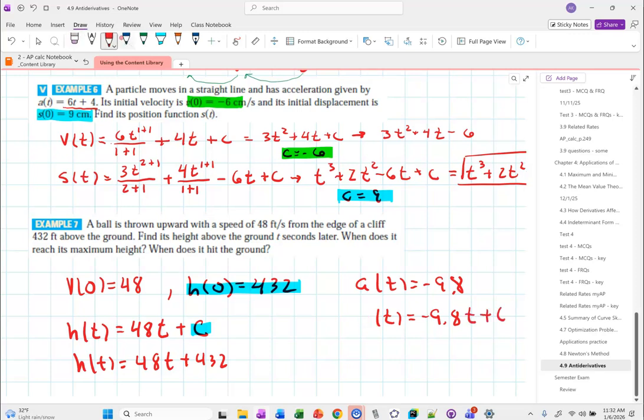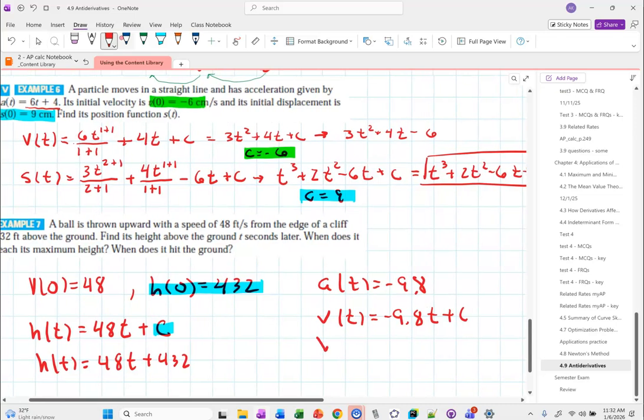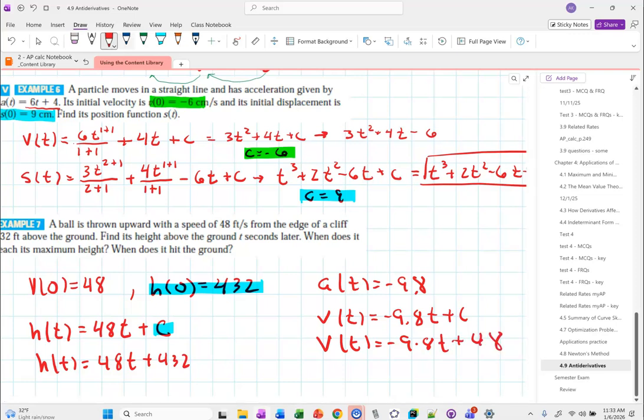All right, so I do the antiderivative to get to velocity. That constant has to be 48.